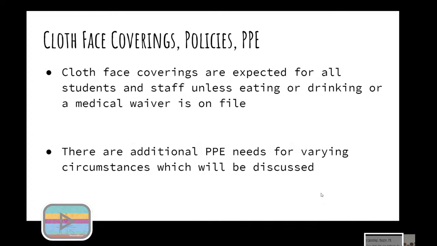So there is a flag in Infinite Campus that will denote whether students have mask waivers, and there's an ad hoc report that's available to run for those students. In the school plans, the school designated somebody who is responsible for collecting and entering those mask waivers into Infinite Campus. There are additional needs for personal protective equipment for different circumstances, and we'll talk about that.